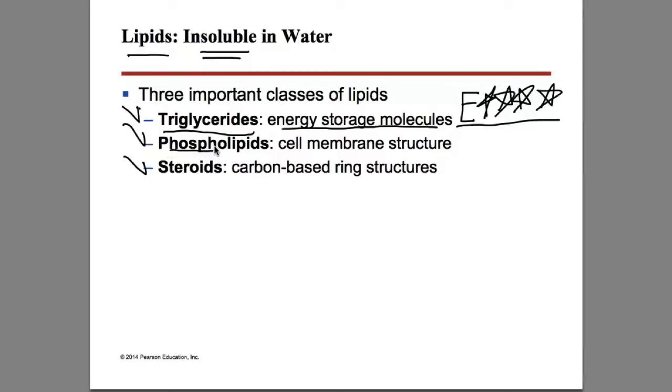This category of phospholipids here are going to be a very important part of the structural makeup of the cell membranes that make up cells, not only the cell membrane on the outside of the cell, but a lot of the organelles that are made up by membranous material inside the cells. Steroids are a very large class of ring carbon structures, and they have a lot of roles.